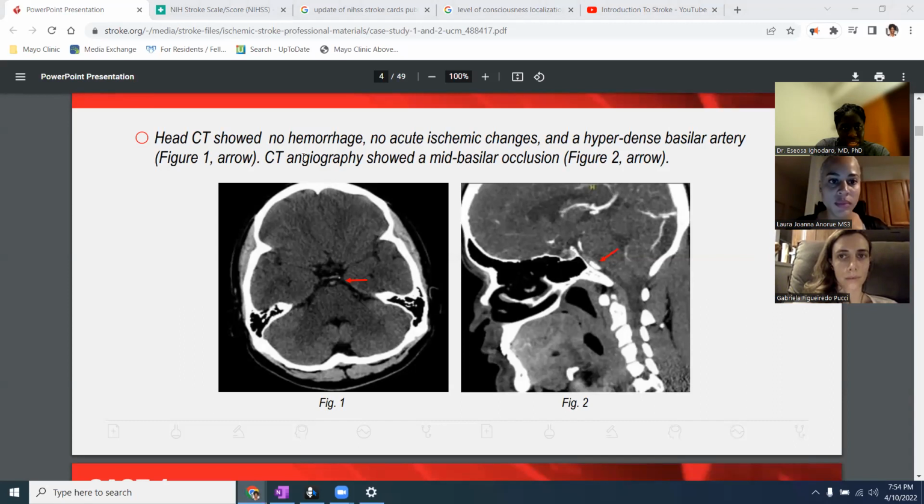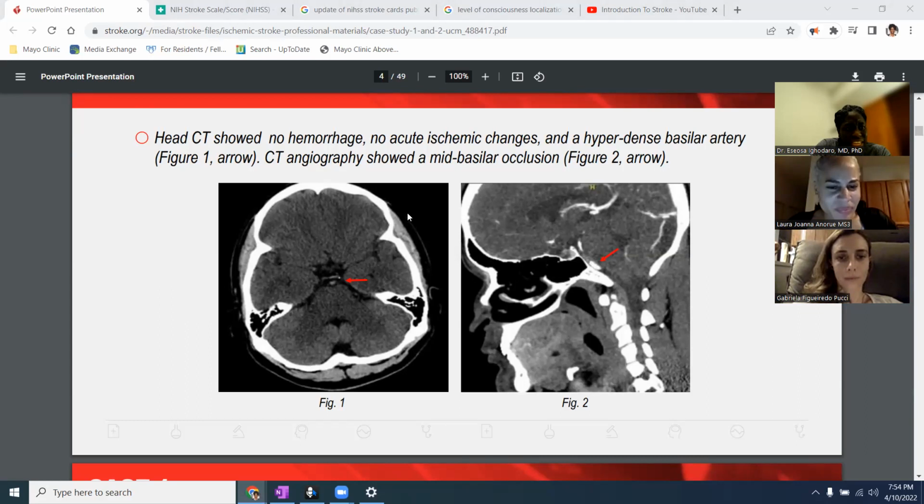So let's see what they say here. CT angiogram shows basilar occlusion. From what I've seen, it's a difficult area to retrieve because it's very sensitive. I mean, that's your brainstem. Your basilar artery feeds your brainstem, and if you go in there and shower a clot or dissect, the person's dead.